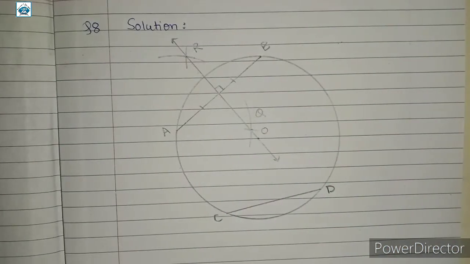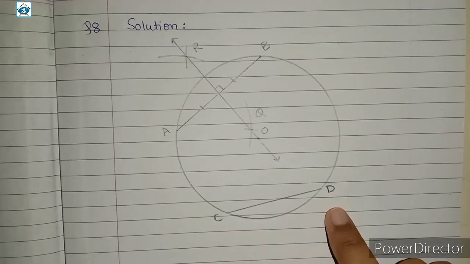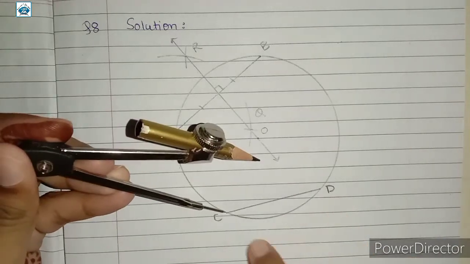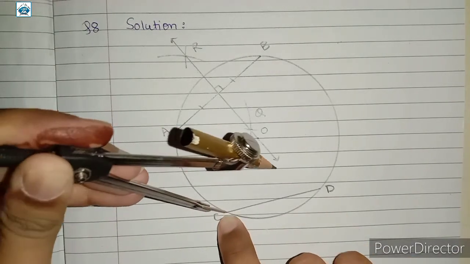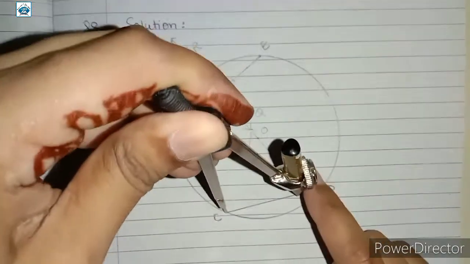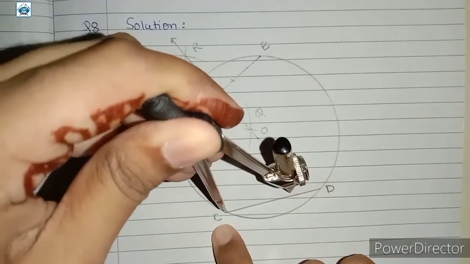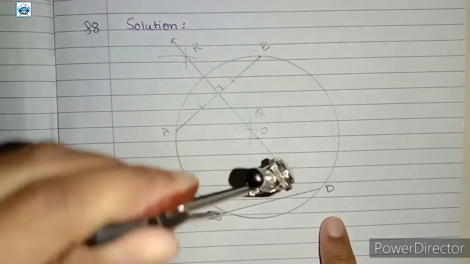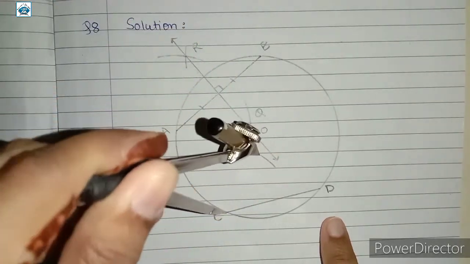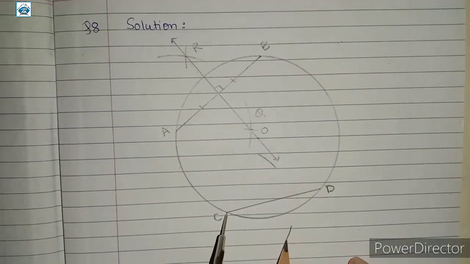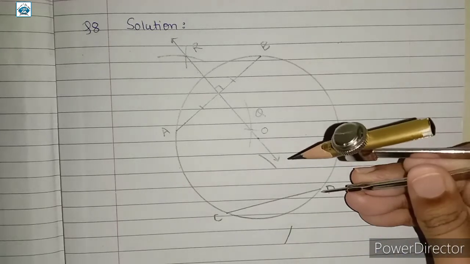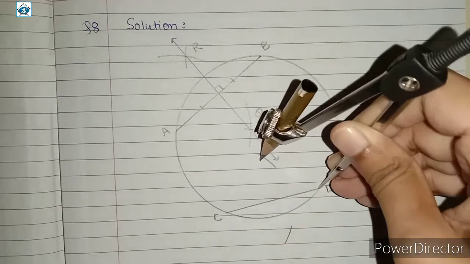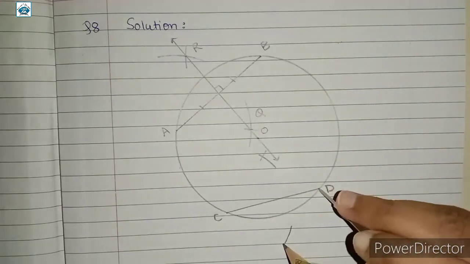Now you need to do the same for chord CD, keeping the pointer of my compass at C, that is C is the center, and taking a distance that is more than half the length. Here I am drawing an arc on either side like so, and taking D as the center I am drawing two more arcs.